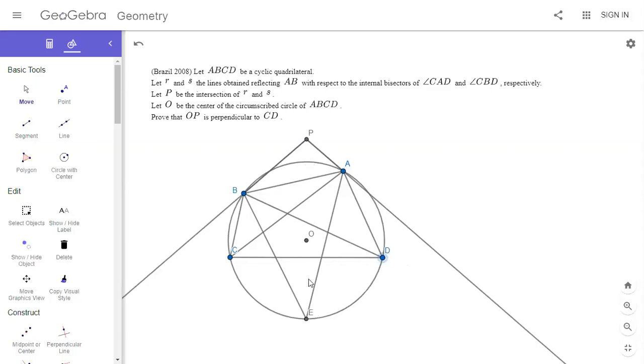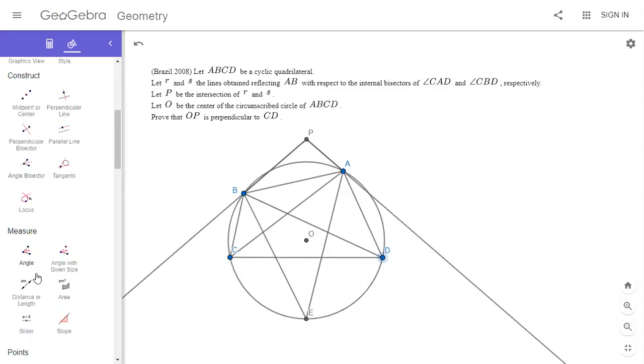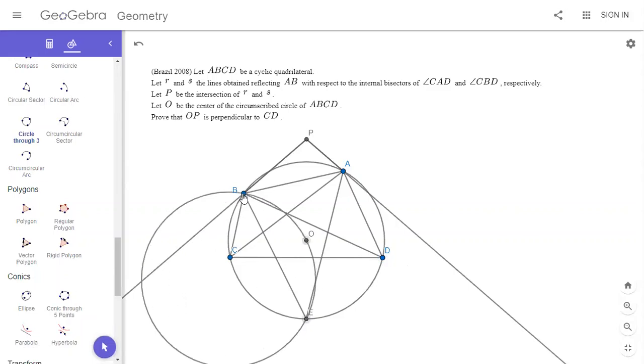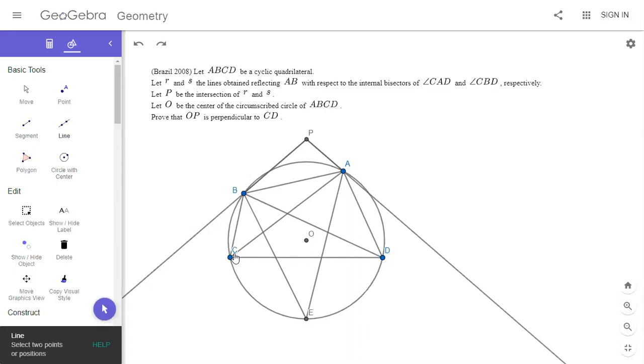If we can show P, O, and E are collinear, that would do it. Maybe that's true by some kind of radical axis idea. Let's see. I feel like it might help. Extend CD.